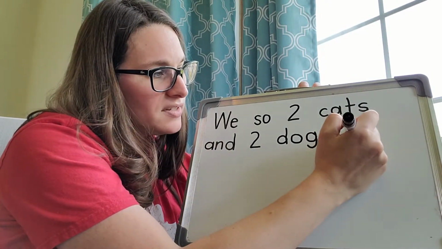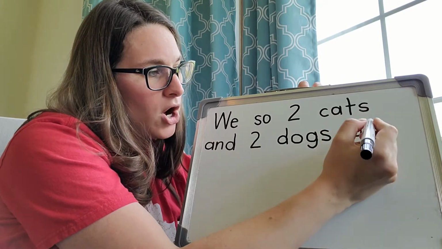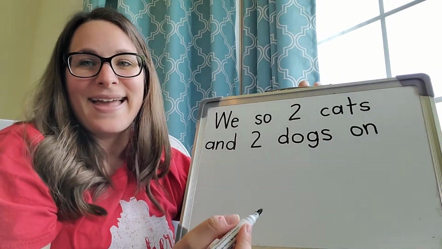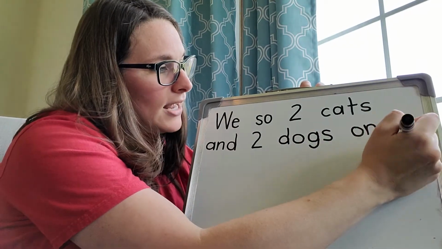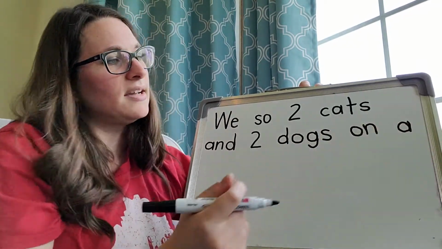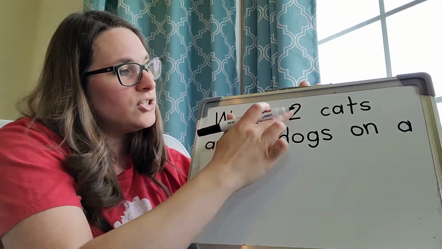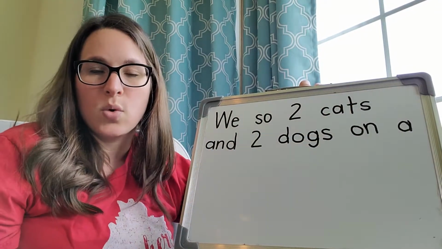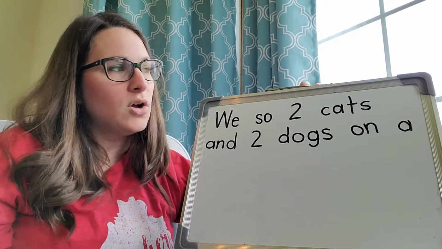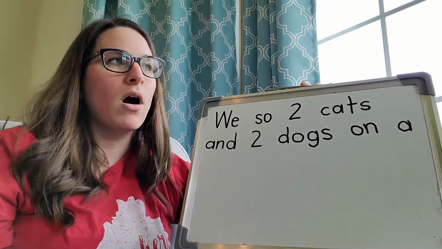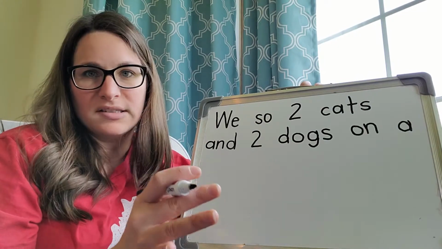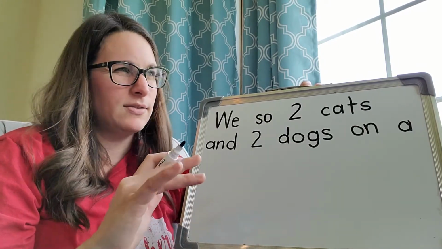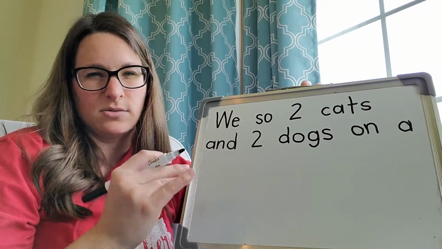that's actually one of our sight words. I'm leaving space, and I'm going to write on, O-N, on a. A is lowercase when it's by itself. We saw 2 cats and 2 dogs on a walk. Walk is a tricky one because it has a letter in there that you kind of hear but kind of not, so a lot of times kids don't tend to hear that one.